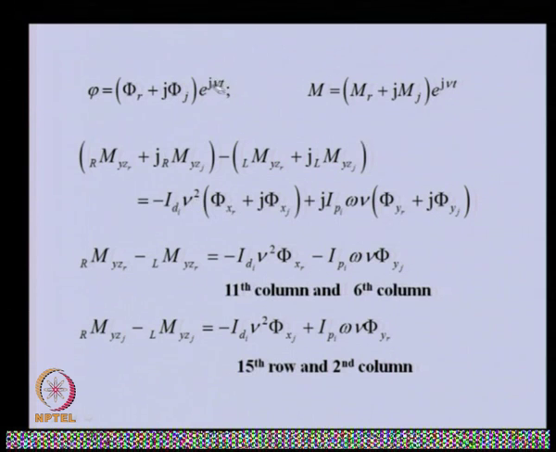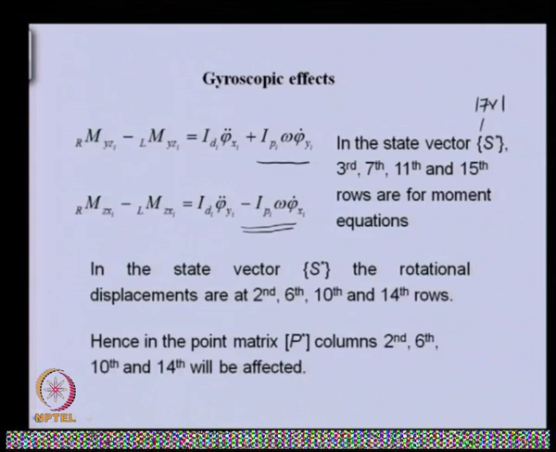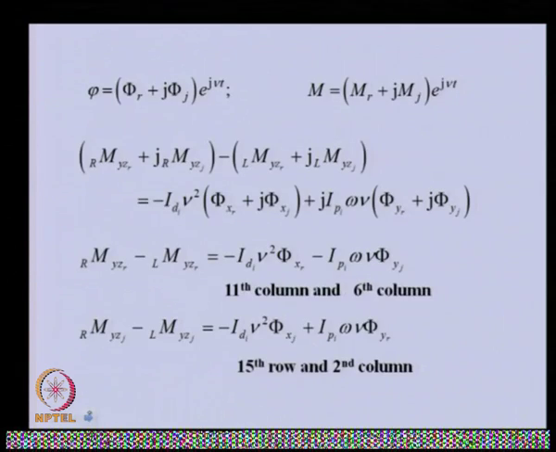The gyroscopic couple will give one term because it is only a derivative with respect to time t once. So, when we differentiate this once, we will get j nu. That is why this complex term is coming here. This belongs to the gyroscopic couple in the yz plane.